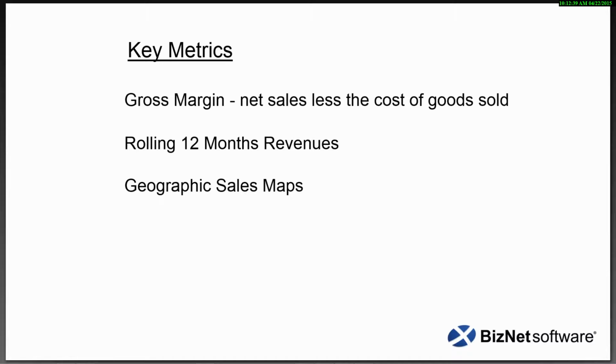And the other thing that I really like, and that I spent a bunch of time trying to figure out how to do, is how to geographically map your sales. I'm going to show you how to do that in just a second. It's a free add-in from Excel, and I find it very helpful for us in our business because geographically we can see where pockets of sales are happening, and we can tailor user groups or tailor things to that specific area because we're starting to see clusters of sales activity.